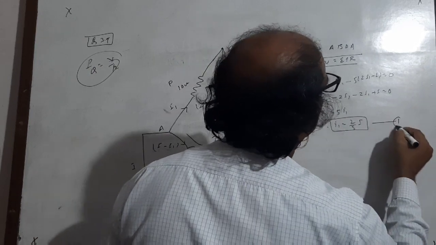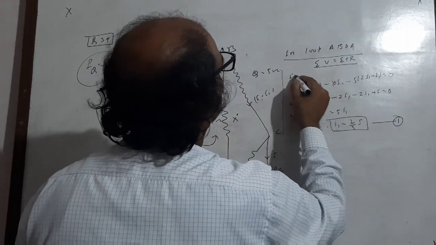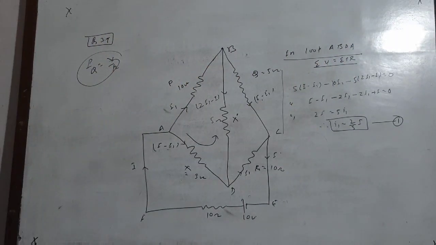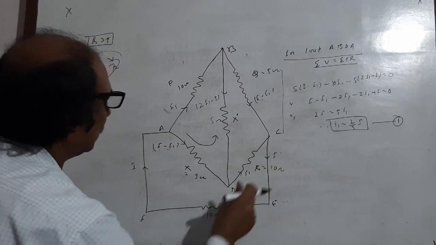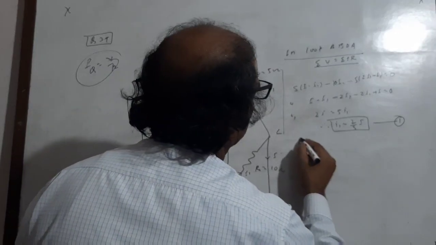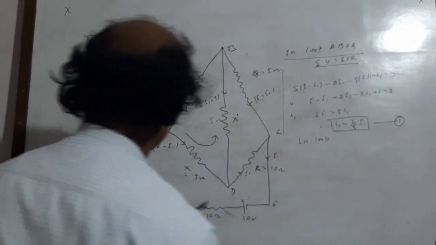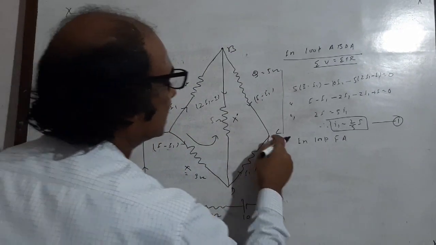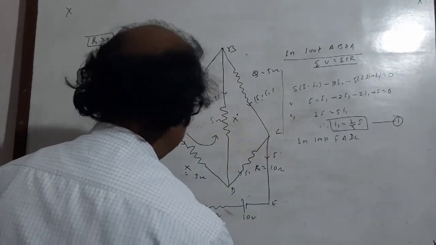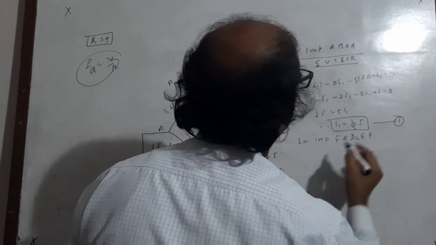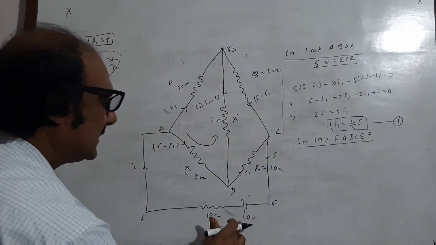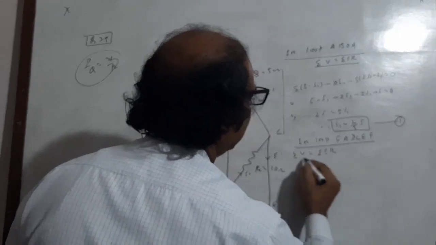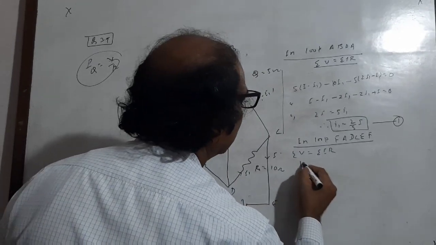It is taken as equation number 1, and this is already mentioned here: I1 is equal to 2 by 5 I. And now consider one of the loops, simply loop FADCEF, and the voltage is 10, so E equal to IR, and V is taken as 10.